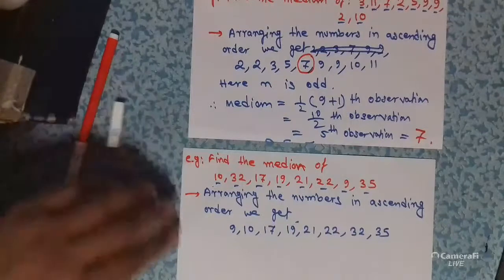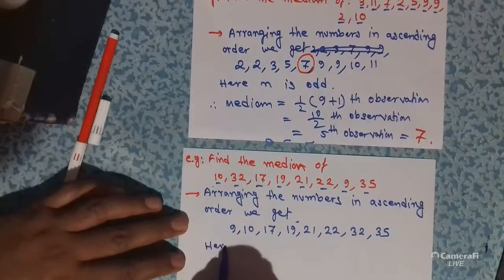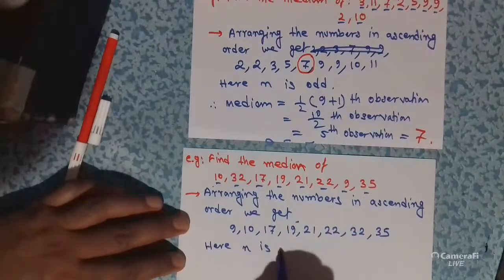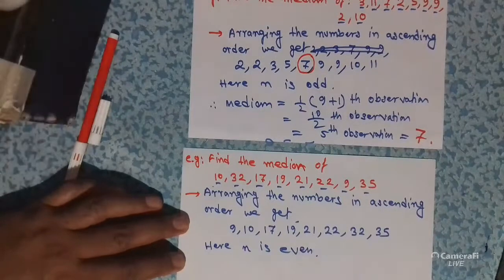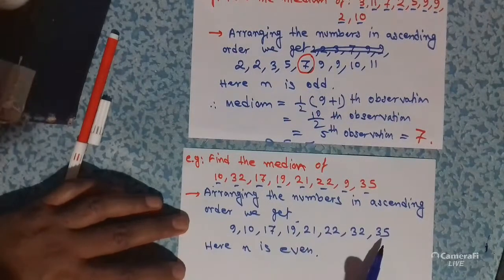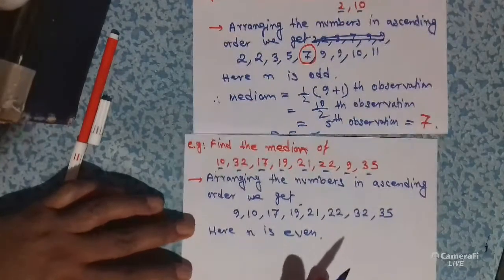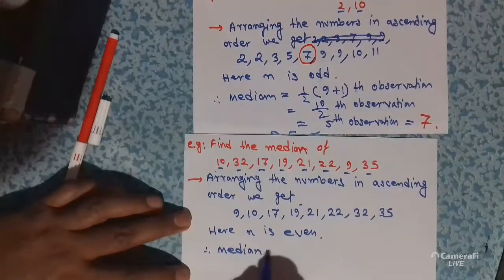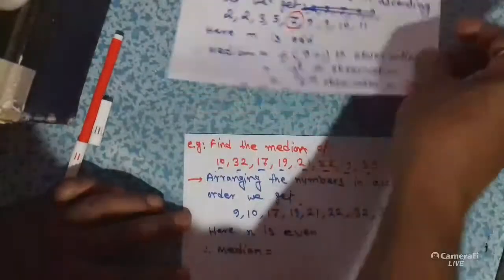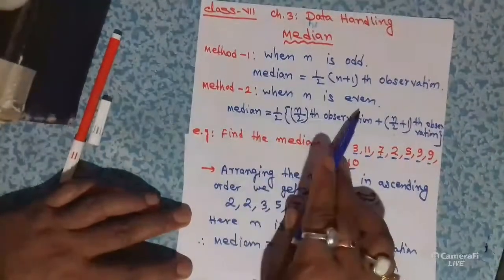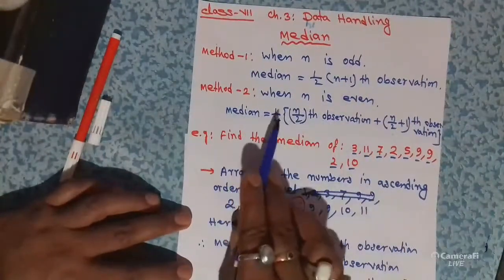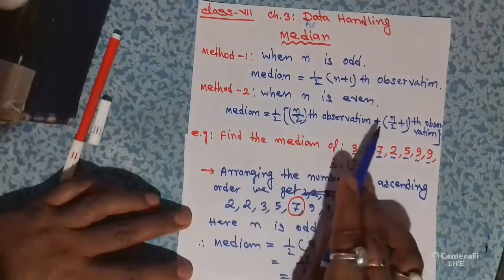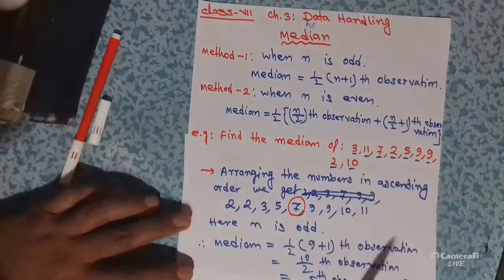Here n is even because the total number of observations is 8. Therefore you must use the second formula. That means when n is even, median equals half of the n by 2 th observation plus the n by 2 plus 1 th observation.